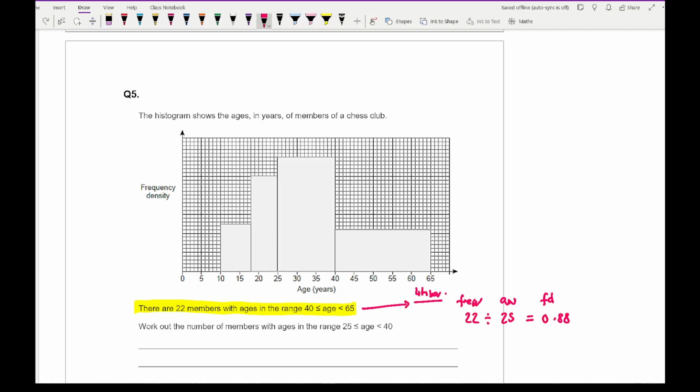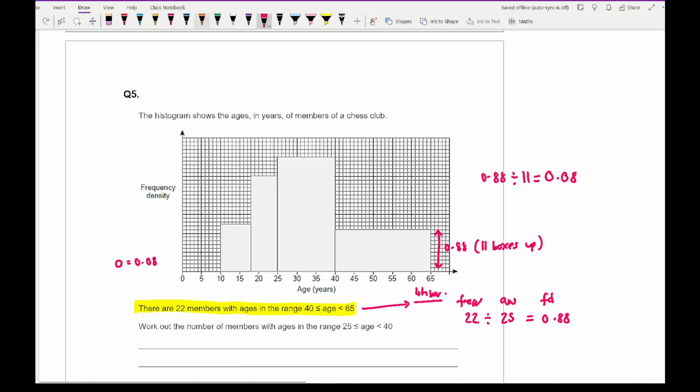So the height of this bar is 0.88. Now you can see that 0.88 refers to 11 boxes up. So if I then do 0.88 divided by 11, that gives me an answer of 0.08. So one little box equals 0.08.